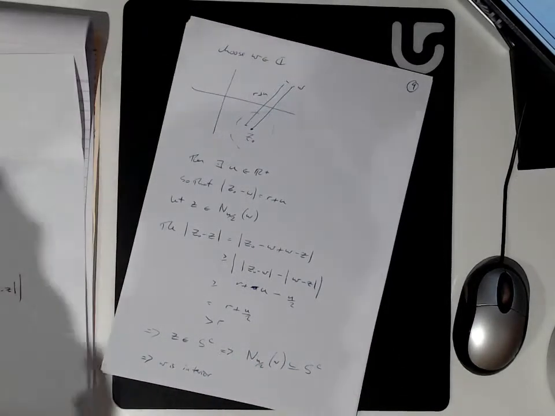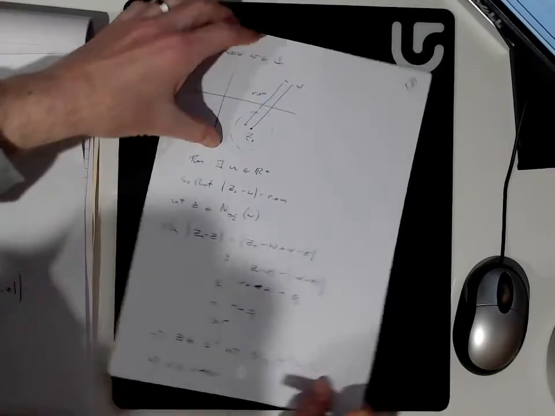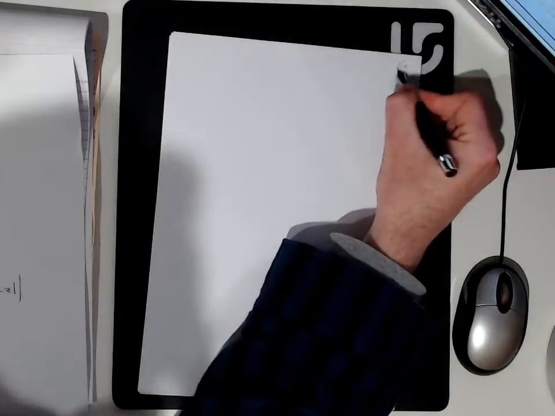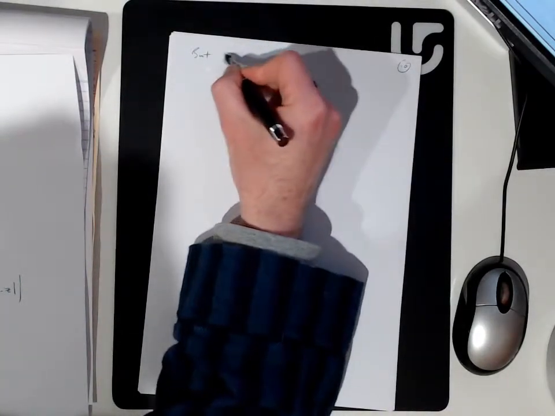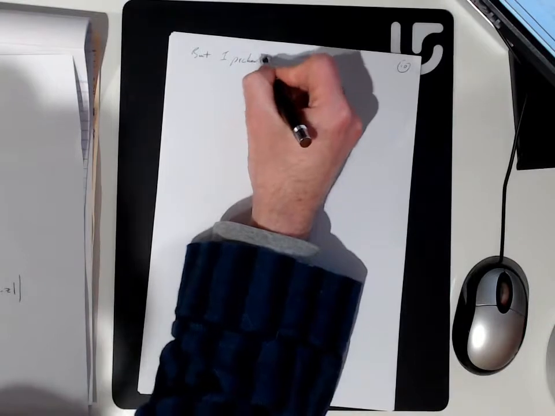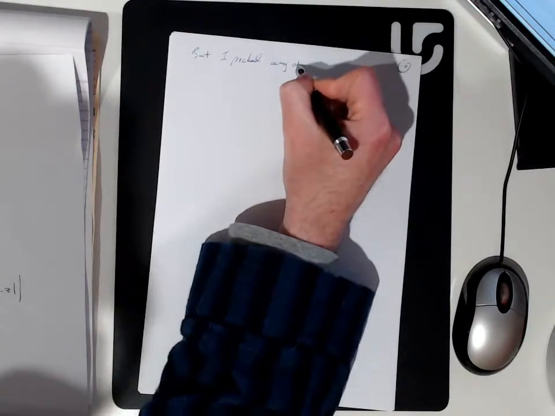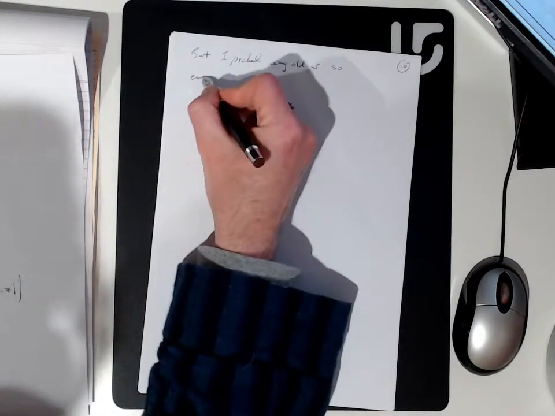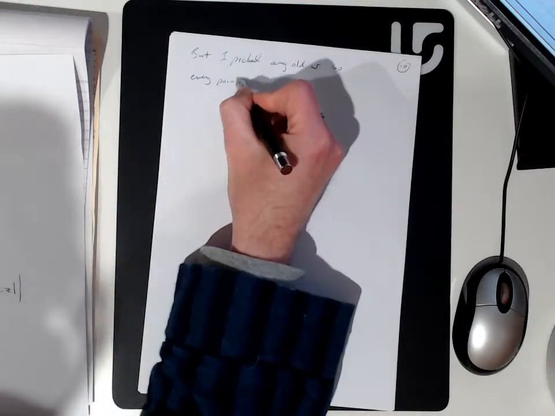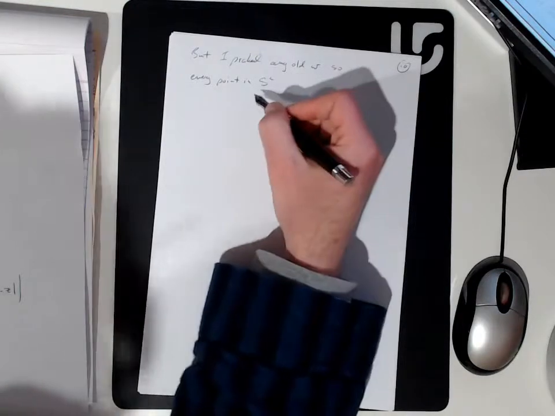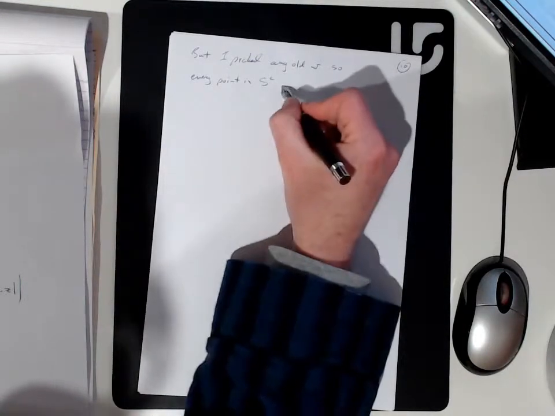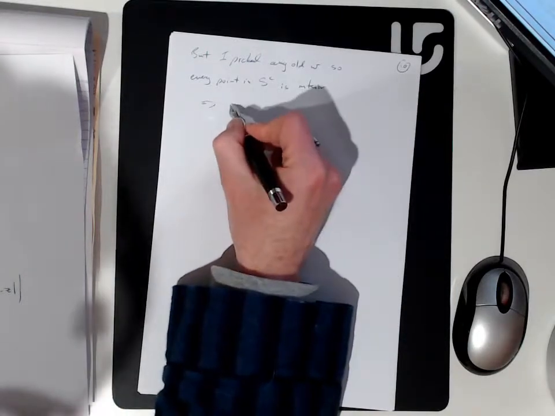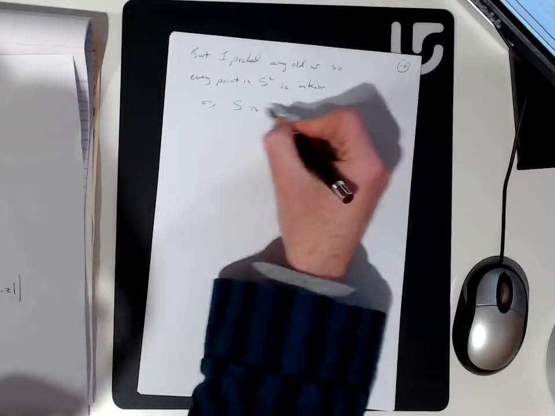But w is arbitrary. I picked any old w. So every point in the complement is interior, which implies that S is closed.